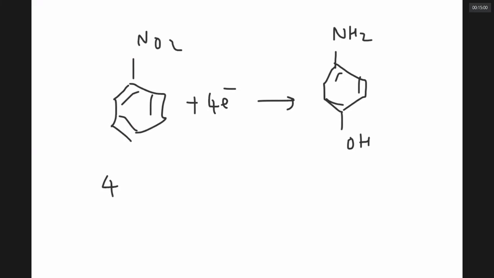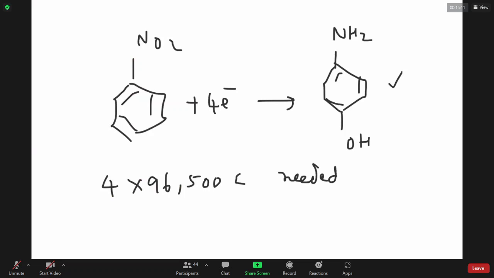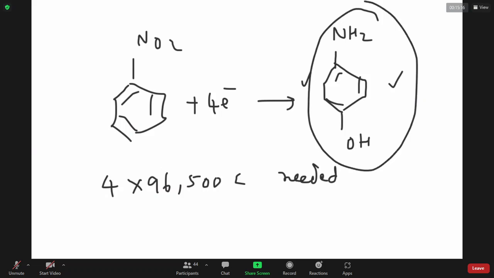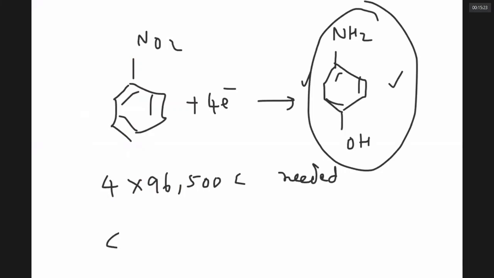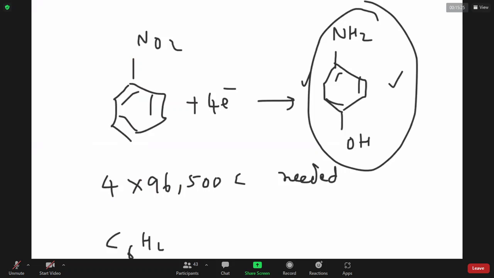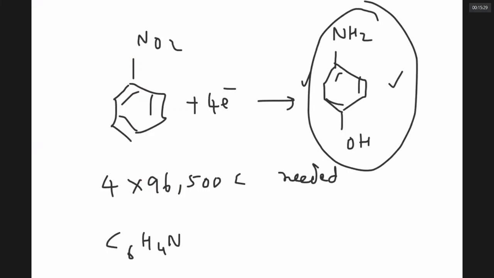Sir, it means 4 into 96,500 coulombs charge was needed to get one equivalent mass or 1 mole of para-aminophenol. Let us see what is its molecular weight. C6H4 NH2OH.